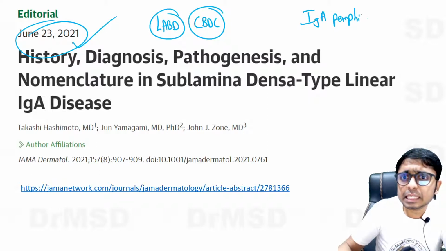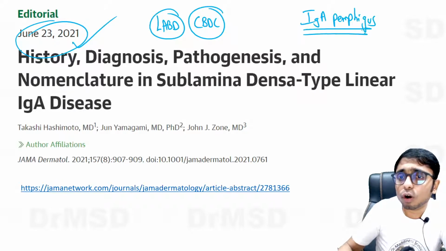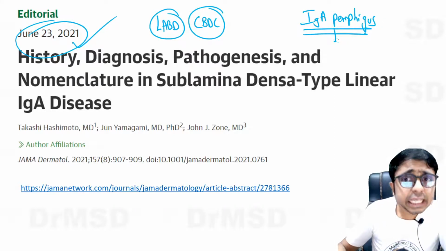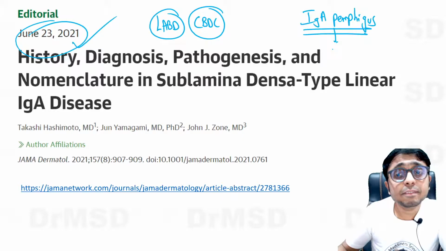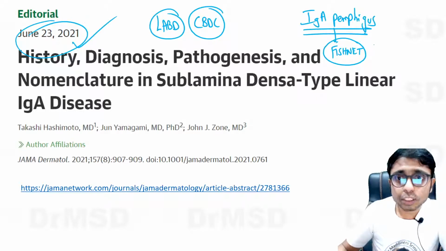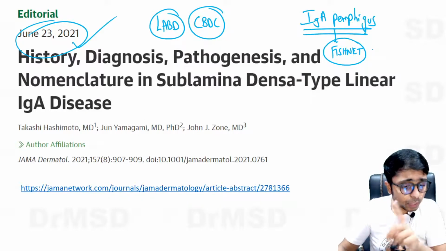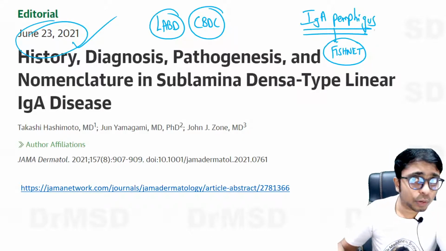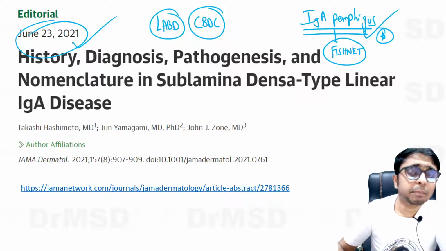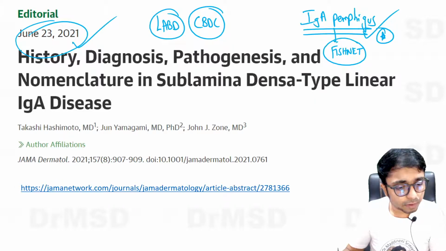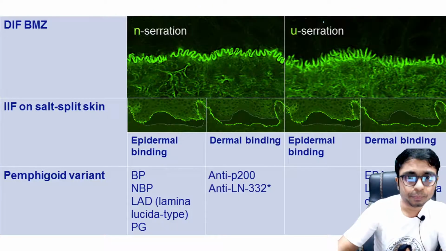IgA pemphigus is a variant of pemphigus, in which IgA is going to get deposited in a fishnet pattern intraepidermally. Unlike linear IgA disease, there will be IgA deposition in a fishnet pattern. Okay, that is a very important point which you must remember. I hope now you have understood this. Please give me a thumbs up if everyone has understood this point which I told.